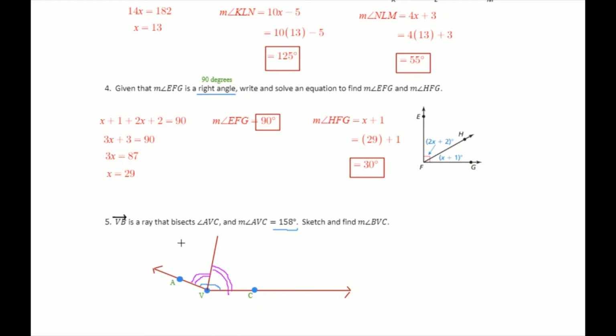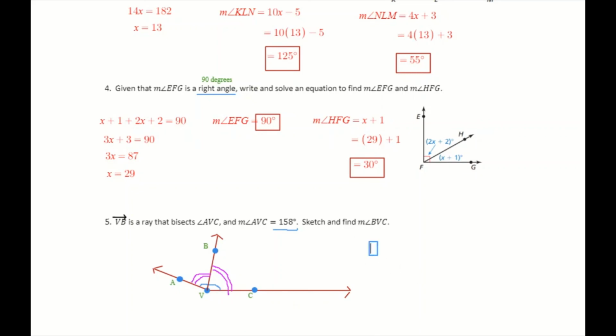Okay, so these are congruent, and we know that because VB, which I haven't sketched out yet, I should probably label, here's V, but where's B? B could be somewhere like right there. So this VB is going to bisect this bigger angle, which means that it's going to basically split it in half.